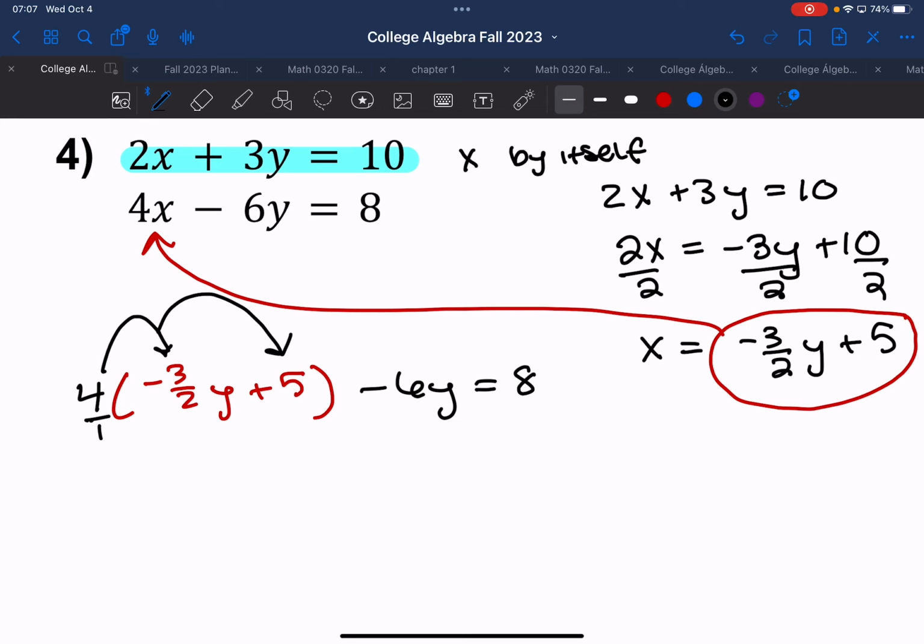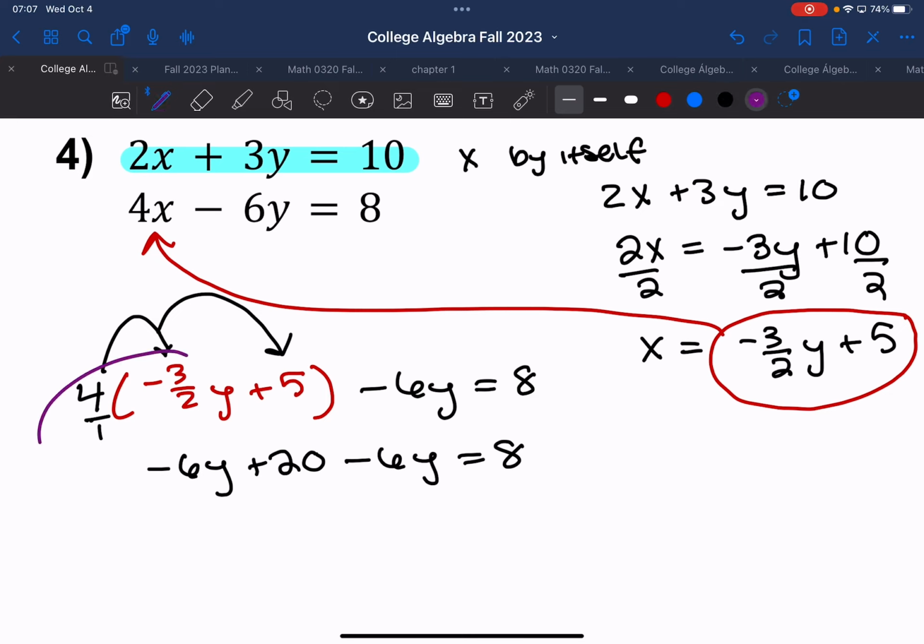Negative 12 over 2. Good, negative 12 over 2, which could reduce to what? Negative 6. So this is negative 6y. And then I have 4 times 5, 20. And then I bring down my negative 6y equals 8.